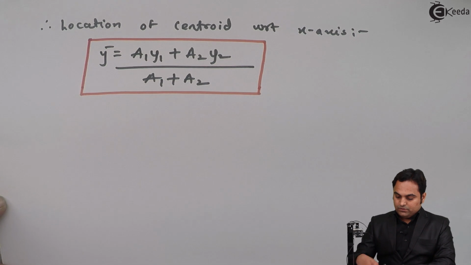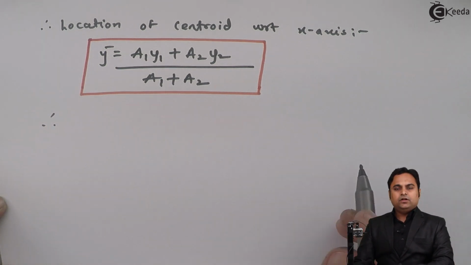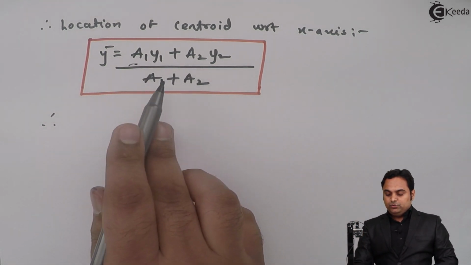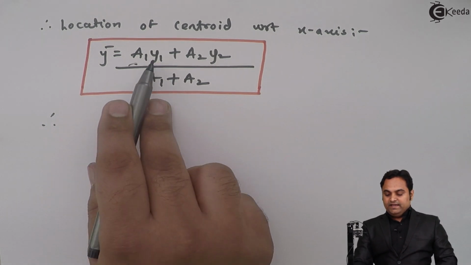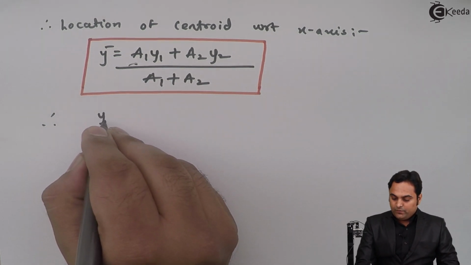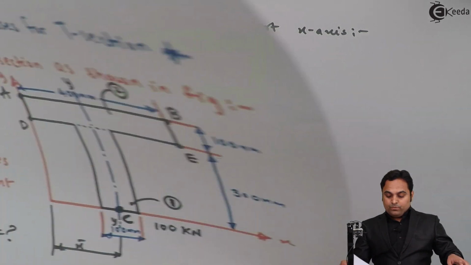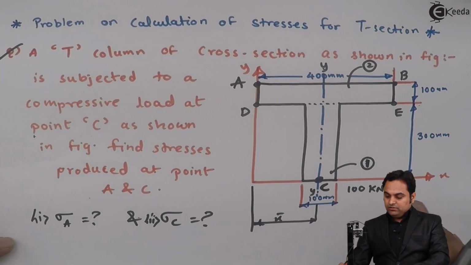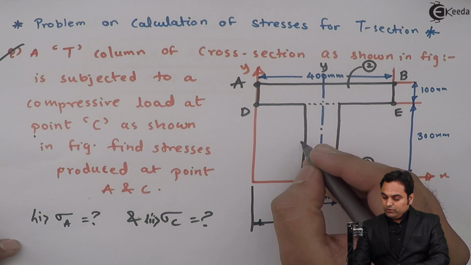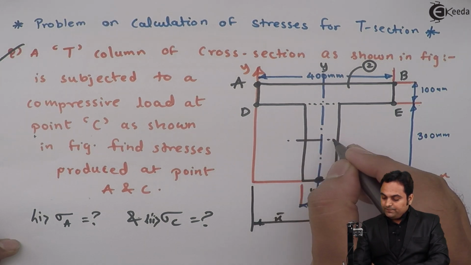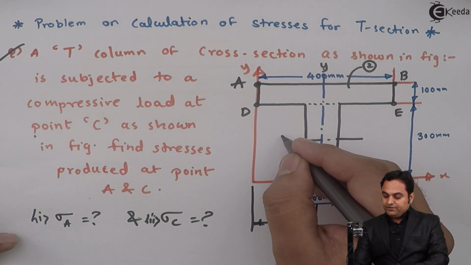Next, all the values A1, A2 and the total area are known except y1 and y2. So y1 is the distance to the x-axis of rectangle 1, which will pass through half of 300.